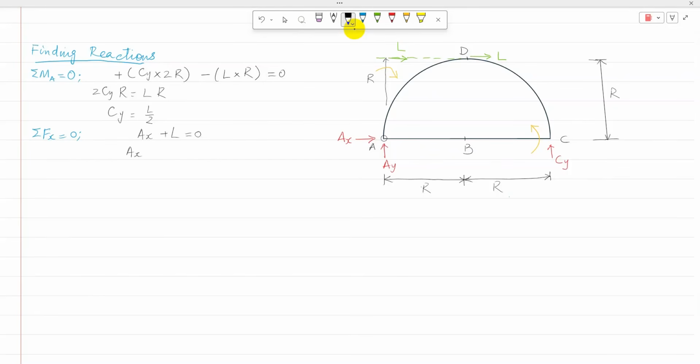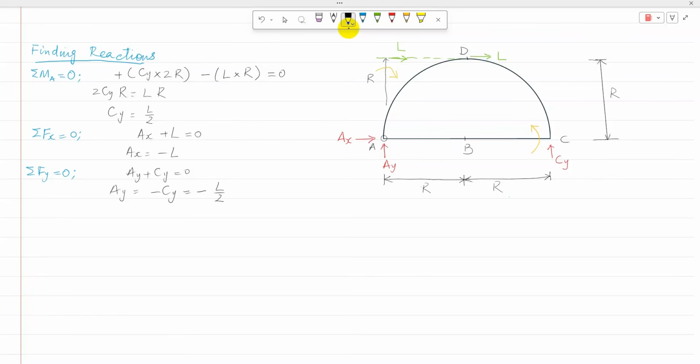So Ax comes as minus L. Then sigma Fy: in the vertical direction there are only reactions, since the load is horizontal. So Ay plus Cy is equal to 0, so Ay is equal to minus Cy, and Cy is L over 2.